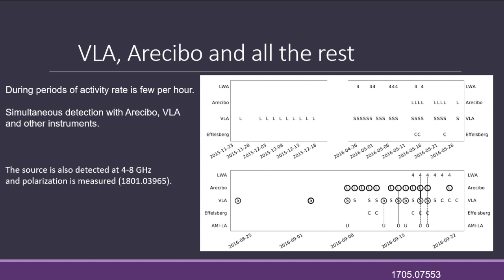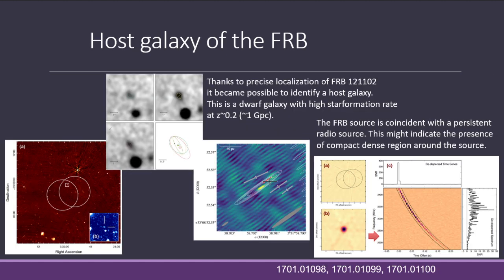So for the very first time, we could exactly measure in which galaxy the burst appeared, and even more, in which part of this galaxy it appeared. And the result was quite interesting. The first discovered host galaxy of a fast radio burst was a dwarf galaxy with a large star formation rate.